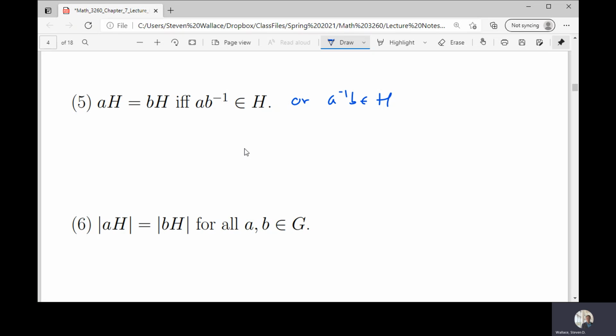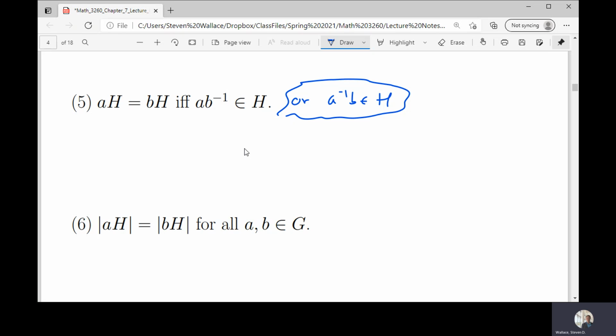So this is probably more obvious, right? If AH equals BH, then that means that A little h is equal to B for some little h.